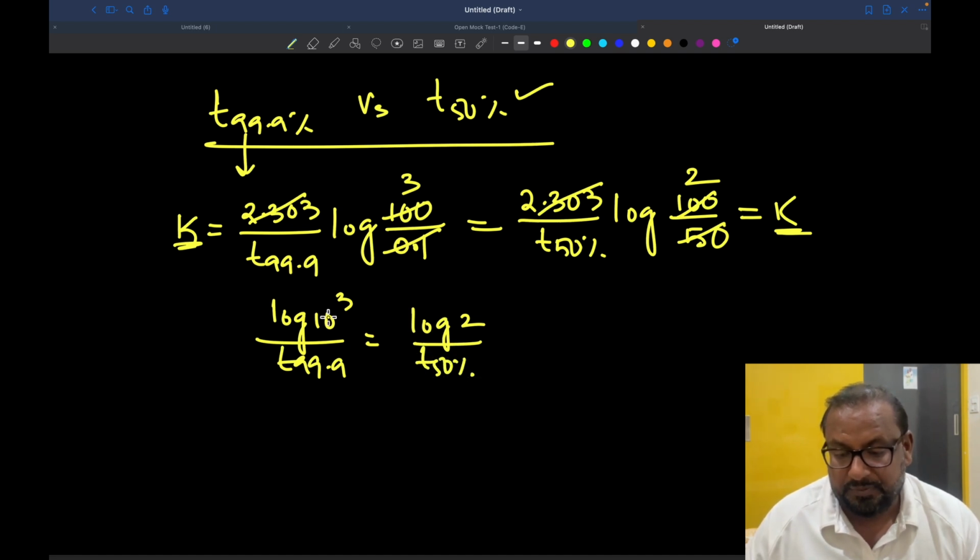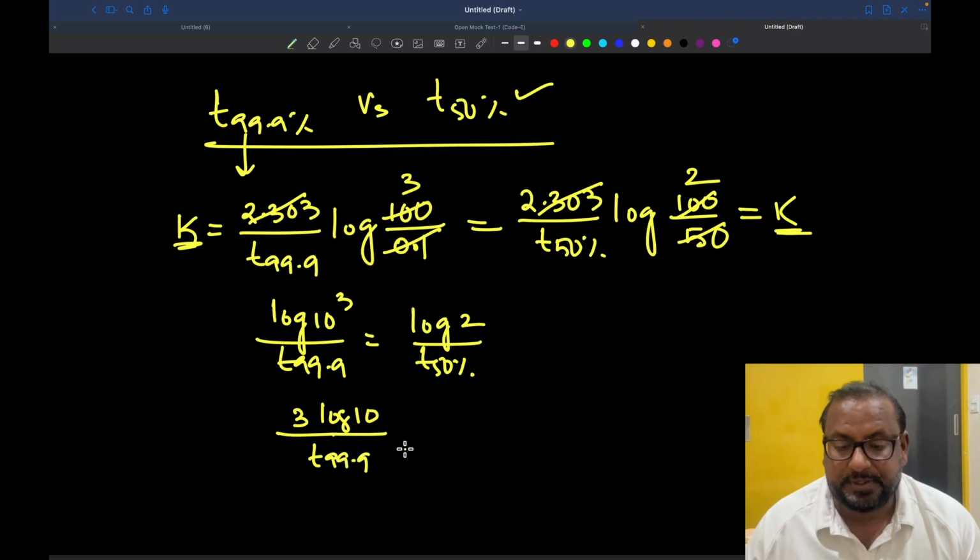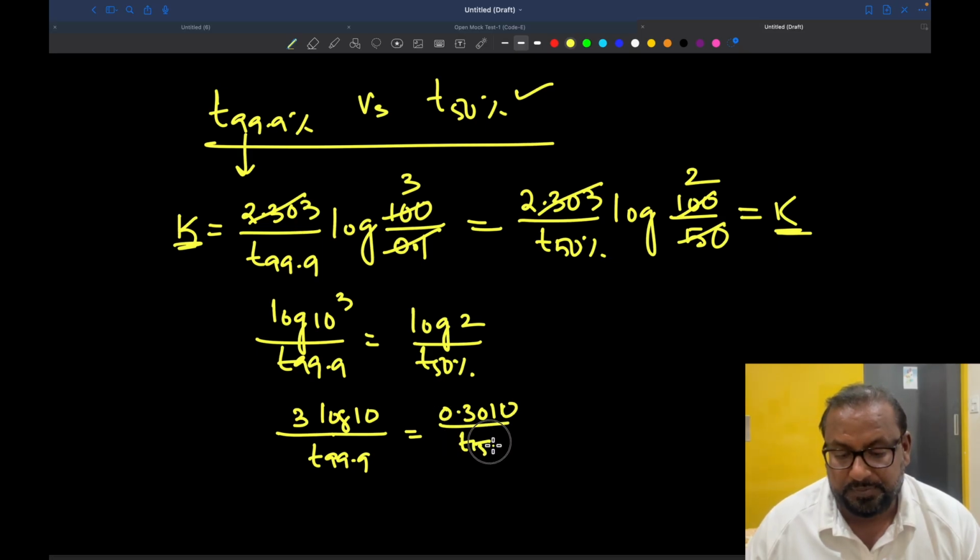Further simplification, this becomes 3 log 10 over T 99.9% equals log 2, whose value we know is 0.3010, over T 50%.